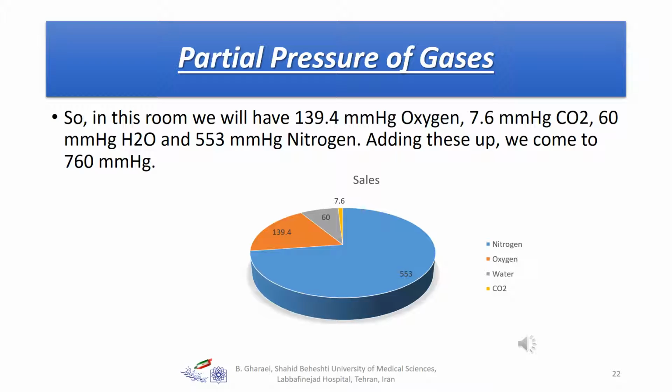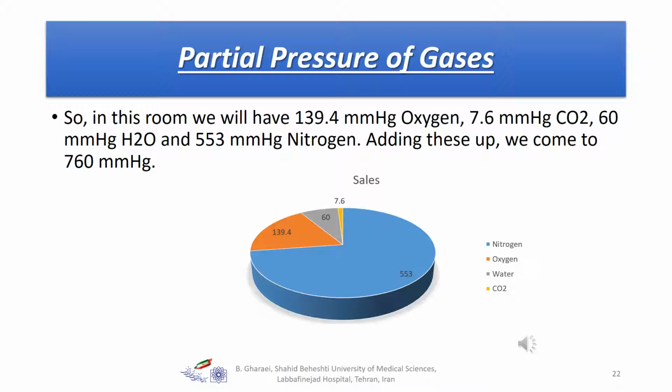As you can see, in this room we will have 139.4 millimeters of mercury oxygen, which is shown in green color, in orange color 7.6 millimeters of mercury carbon dioxide, which is shown by yellow, 60 millimeters of water moisture, which is in gray, and 553 millimeters of nitrogen in blue.